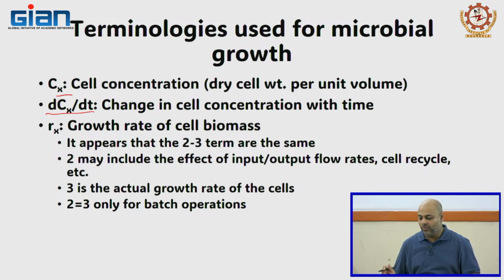So, if you remember mass balance, right, in minus out plus generation minus consumption is equal to accumulation. Your dCx by dt is your accumulation term. In a batch reactor, do you have an in? Everything is already inside, right? There is no inlet, there is no outlet. Is there any consumption?